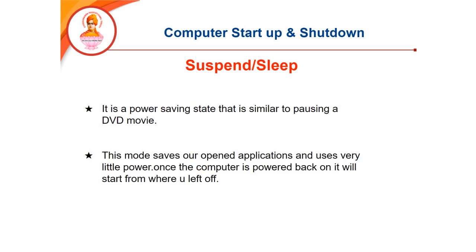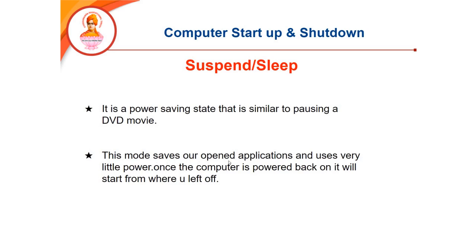So now we are going to see about suspend or sleep mode. Sleep mode is also called suspend. Suspend is the word used in Ubuntu and sleep mode is used in Windows. Sleep mode is nothing but a power saving state that is similar to pausing a DVD movie.